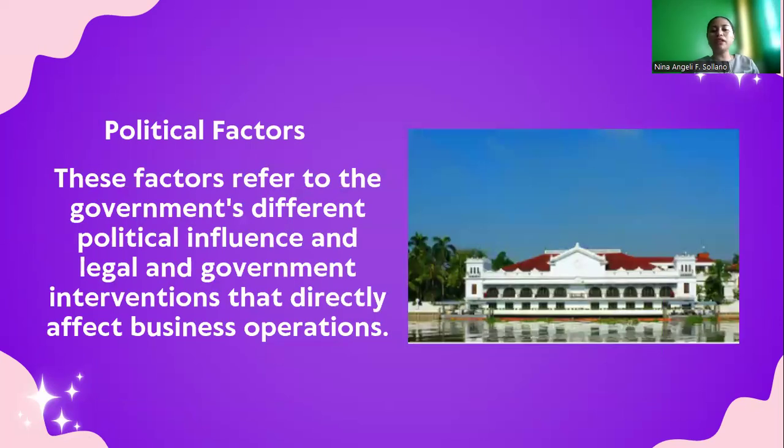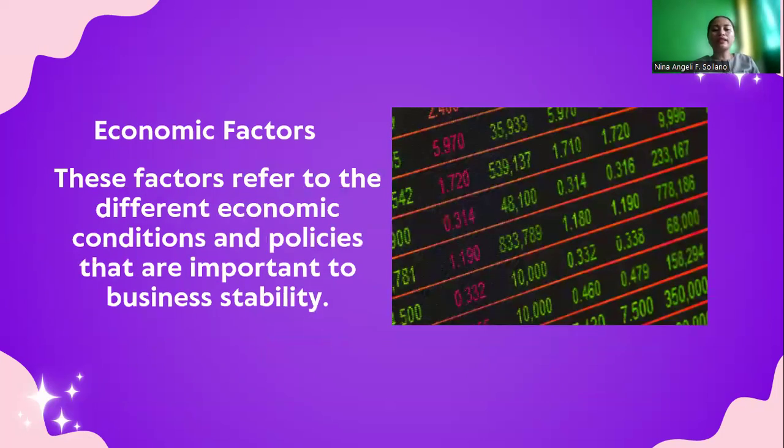So again, political factors are the use of political ideologies or influences like legal and government intervention. This could have a great impact on the business operation. Next is economy as well. This is an important one because you will know the conditions and policies in the different economies that we have.